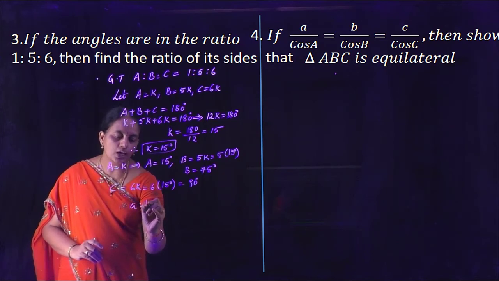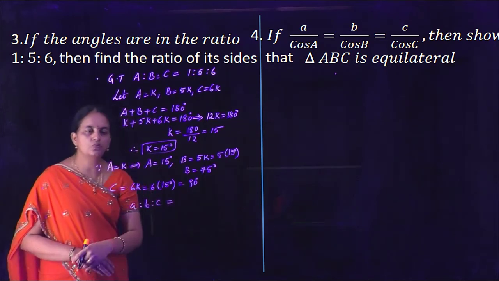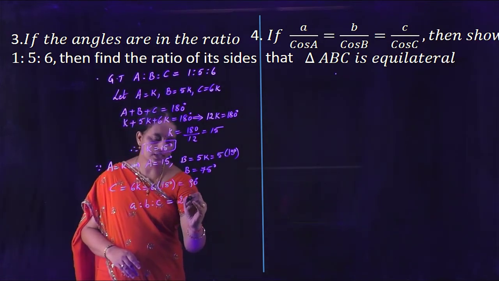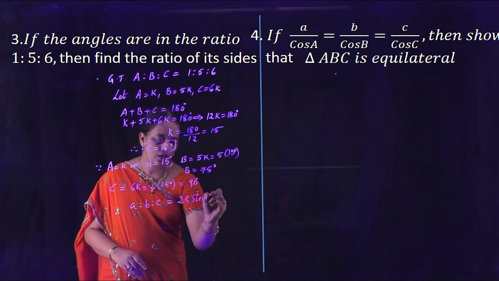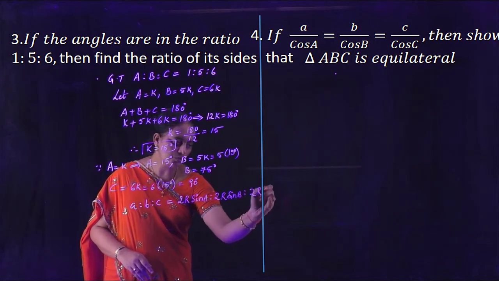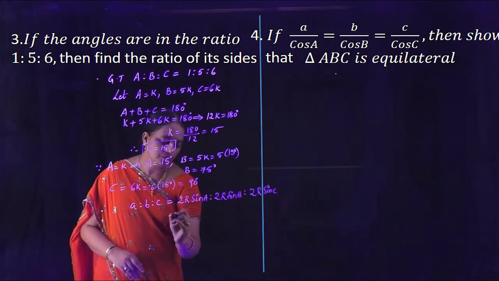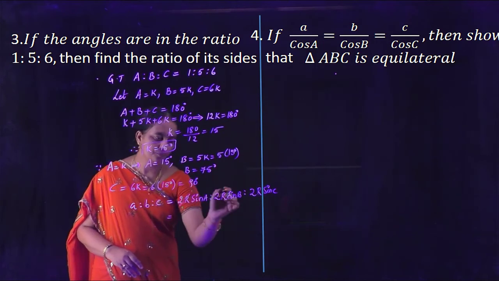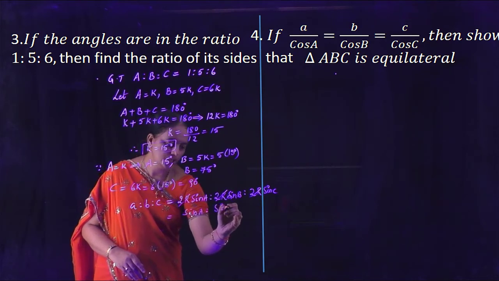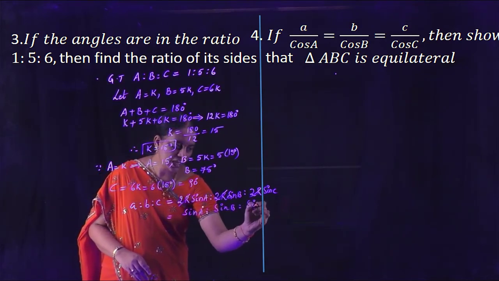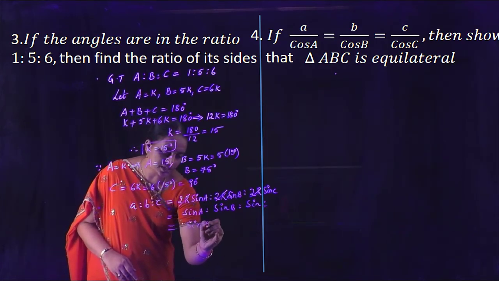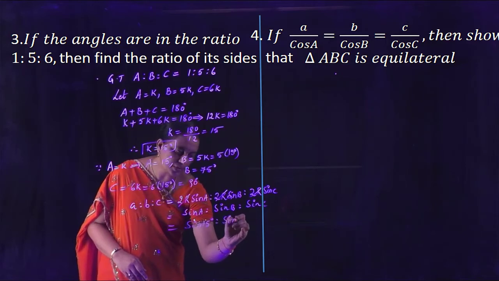That means small a is to small b is to small c is equal to... From sine rule, we know that small a is equal to 2r sine A, small b is equal to 2r sine B and small c is equal to 2r sine C. Here in all three cases 2r cancels and we get sine A is to sine B is to sine C. By substituting angle A, angle B and angle C, we get sine 15 degrees is to sine 75 degrees is to sine 90 degrees.